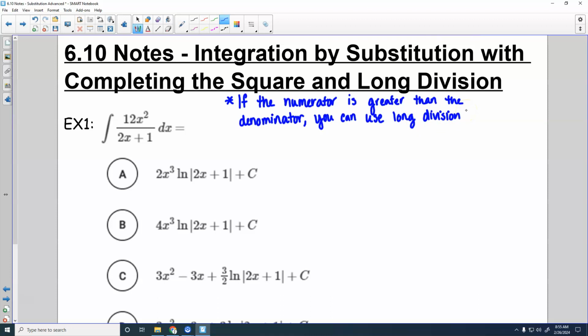So if I want to use long division on this, the 2x plus 1 goes on the outside. The 12x squared goes on the inside. And you might want to do this plus 0x plus 0 there.